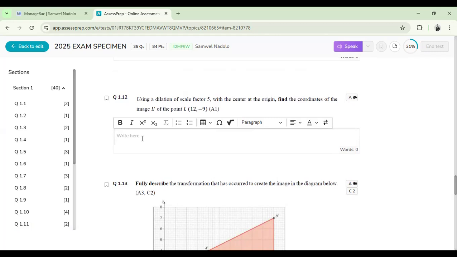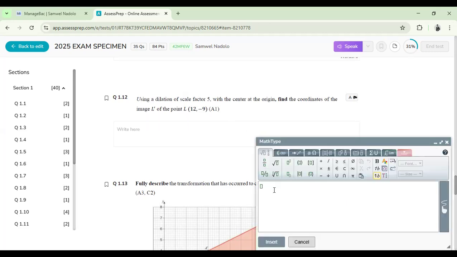Now dilation, there's a way of finding this, or a formula for you to find dilation. So this is under the topic of geometric transformation. So if we are transforming (12, -9) with the scale factor of 5, we are going to multiply.